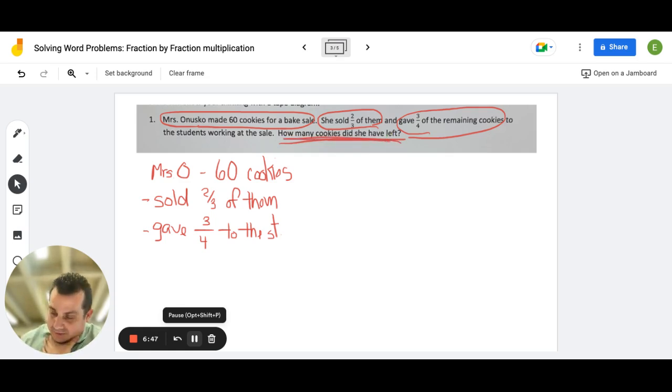So let's get started. All right. So she had 60 cookies. Okay. And she sold 2/3 of them. So I'm going to have to times that by 2/3. Okay. And that equals 120 over 3.